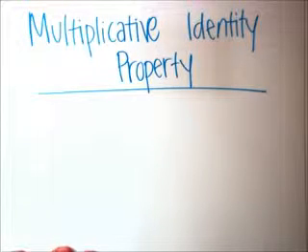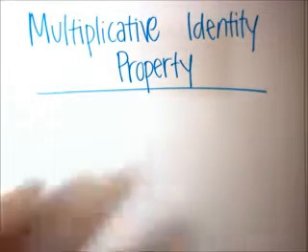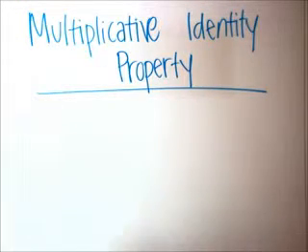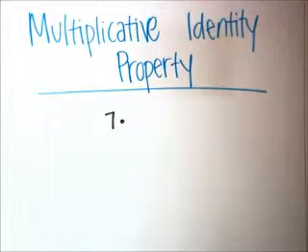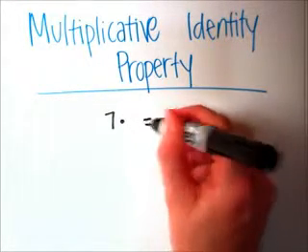This next property is called the multiplicative identity property. We just talked about the additive identity property. Now if we're talking about multiplicative, I'm thinking multiplication. Identity, so I know that my answer has to result in the same number. So for example, if I had 7, and I'm doing multiplication here, 7 times something equals 7.